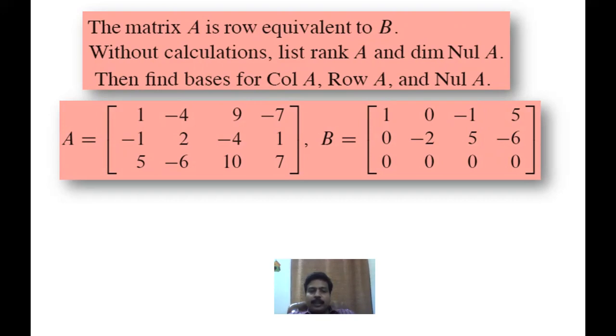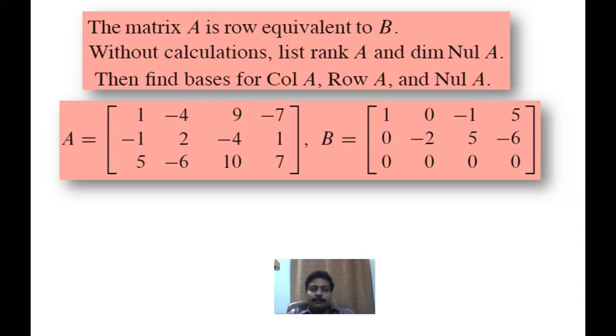So here A and B are given, and it is stated that B is row equivalent form of A. So here we can observe that both A and B are 3 by 4 matrices, and B is in echelon form.